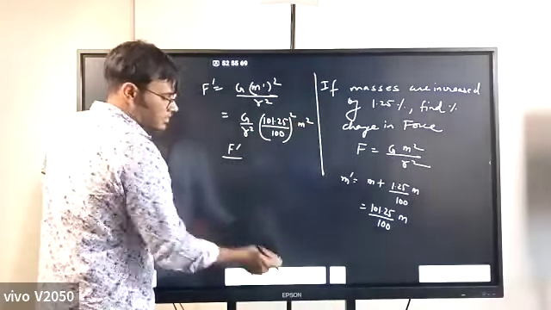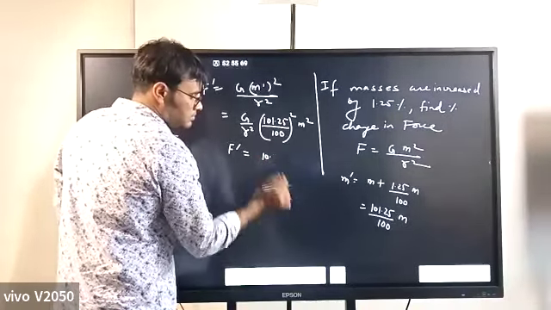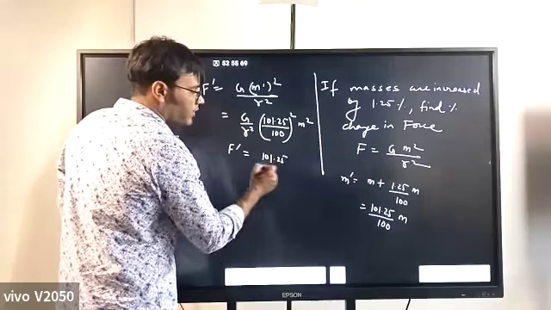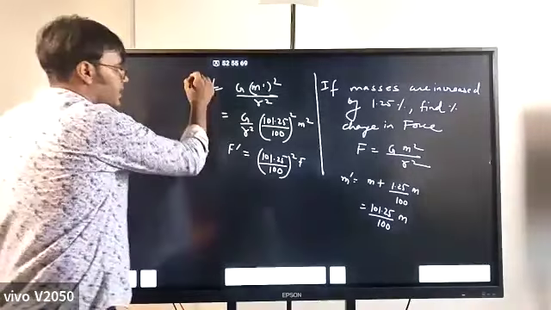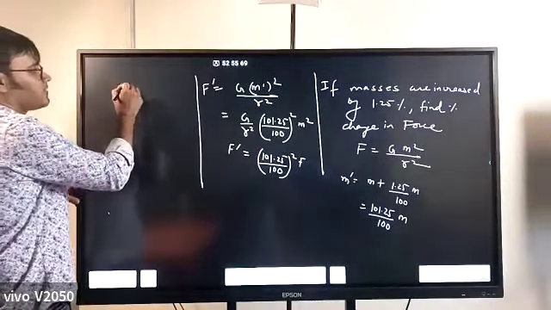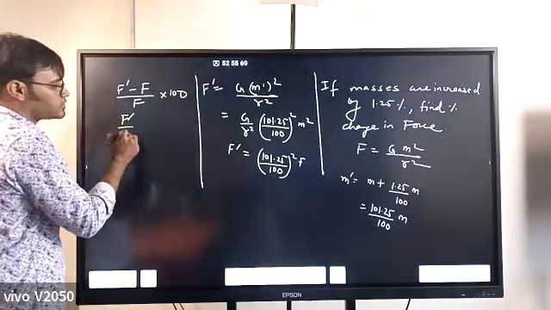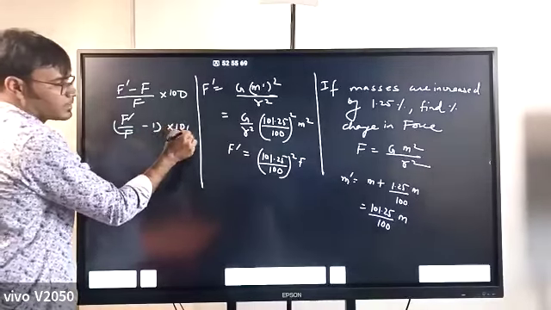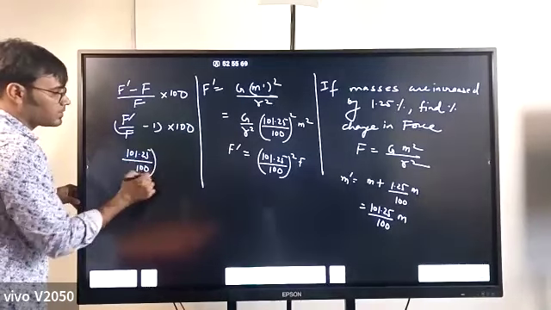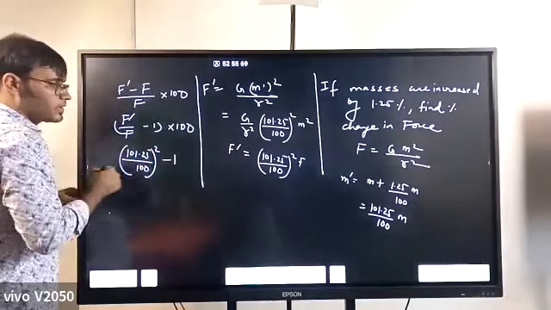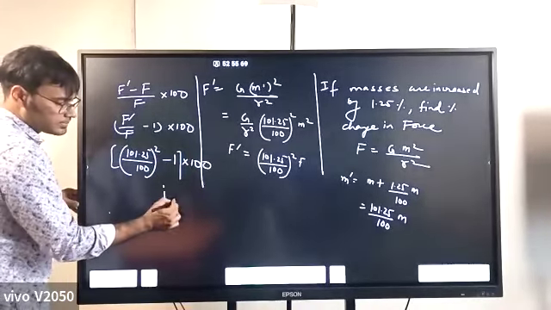So F dash I can write as 101.25 divided by 100 whole square times F. Now the percentage change is F dash minus F by F, so F dash by F minus 1 into 100. Now F dash by F is 101.25 divided by 100 whole square minus 1. So can you feel it will be even more difficult to calculate?